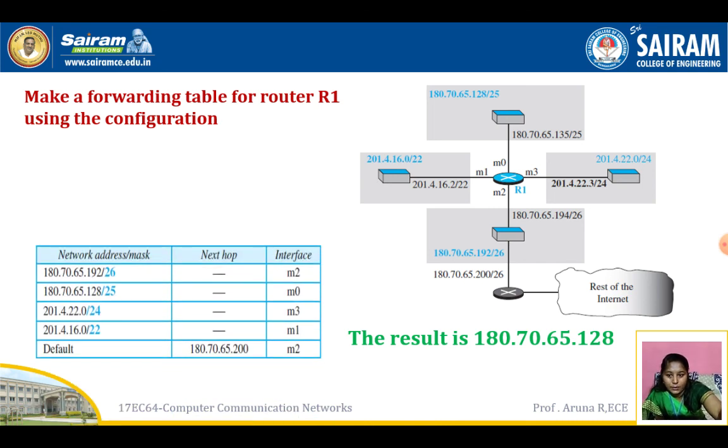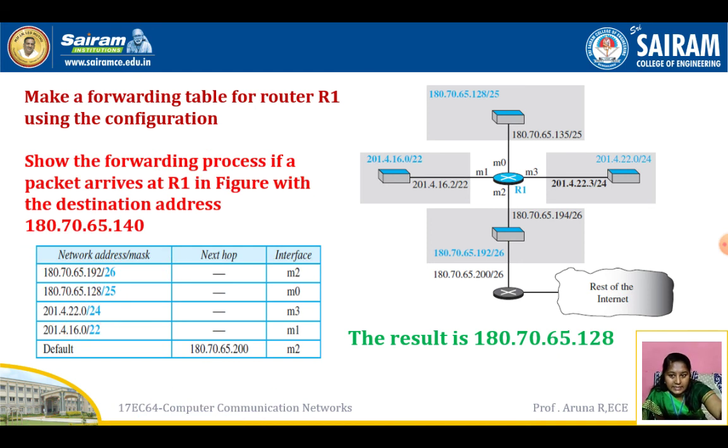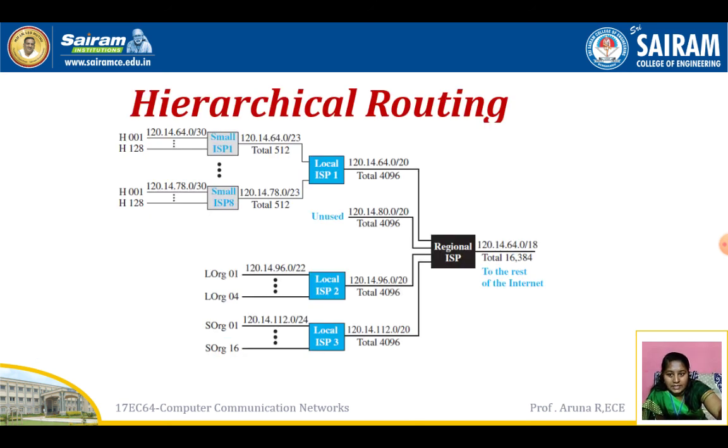This is how forwarding works using the table. It forwards the data using a connection oriented service, where every router knows the next label to which the data has to be transferred. Likewise the data gets transferred. This shows the forwarding process when a packet arrives at R1 in the figure with the destination address 180.70.65.